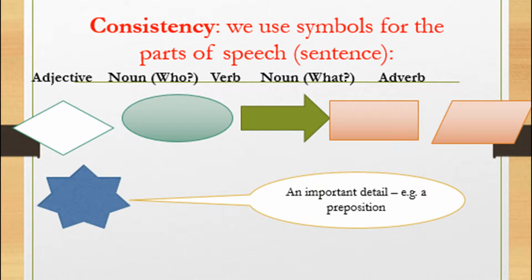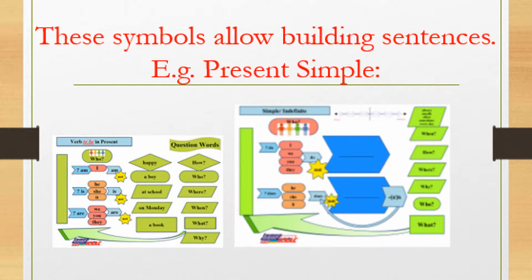These symbols allow building sentences. For example, these are two schemes for present simple, for the verb to be, and for other verbs, action verbs in present simple. We see that here the nouns answering the question who, people, are represented by red bubbles.